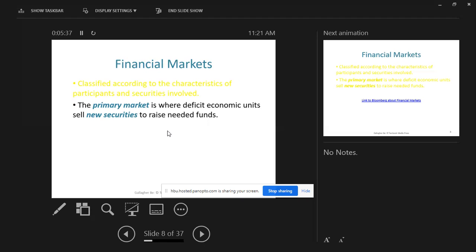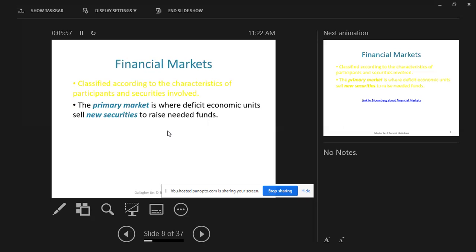They issue new stocks. This company transfers from a private company to a public form. I want you to remember this term, IPO.